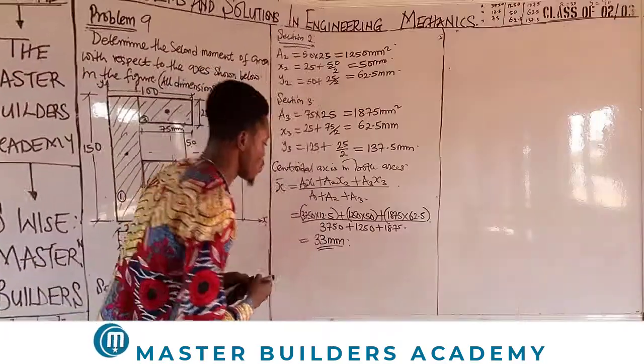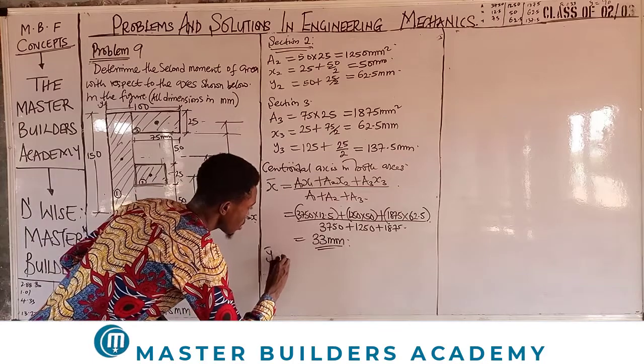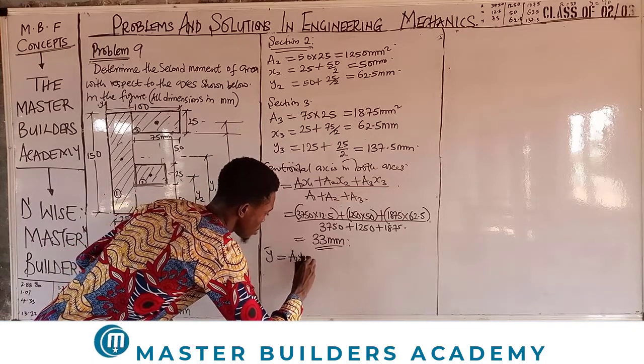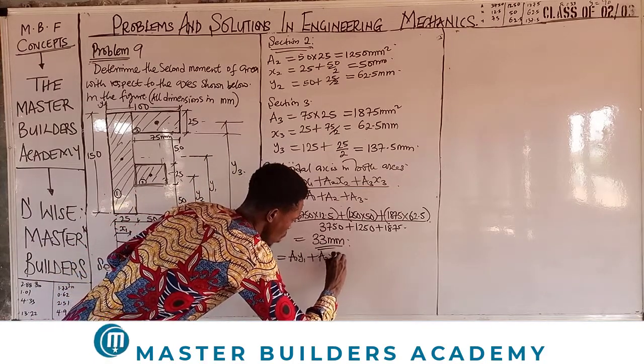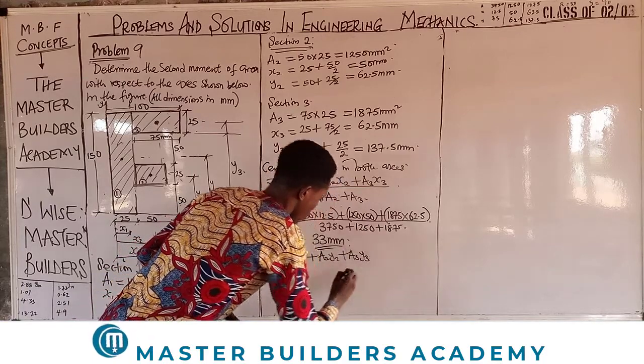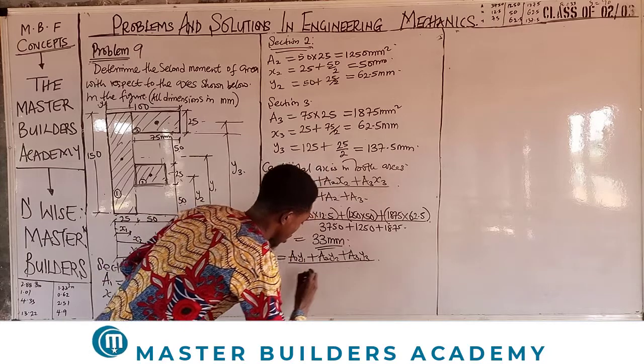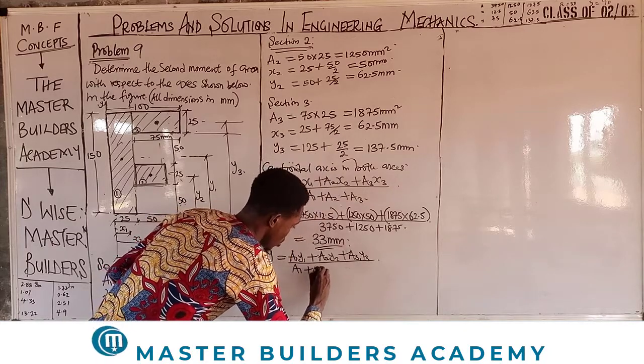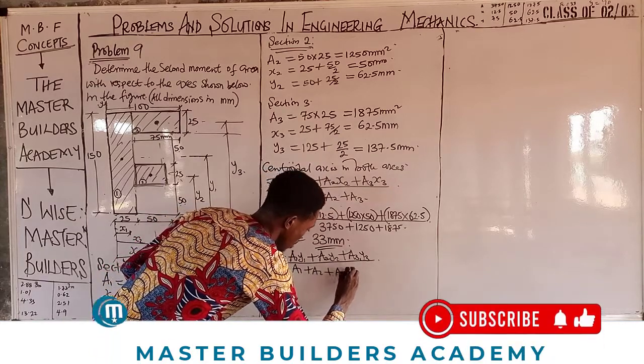That's it. Now for y bar, this will give us A1 y1 plus A2 y2 plus A3 y3, all over A1 plus A2 plus A3.